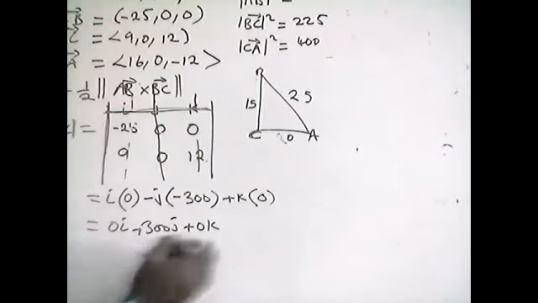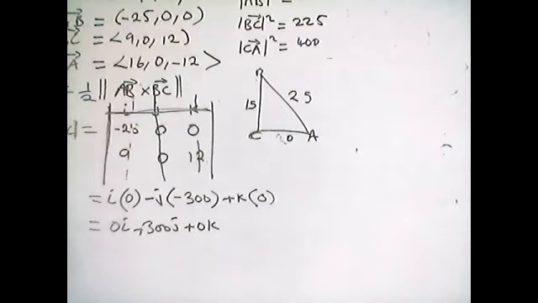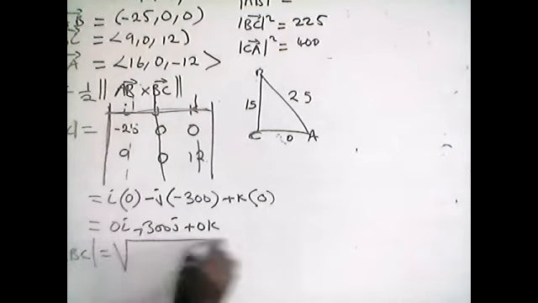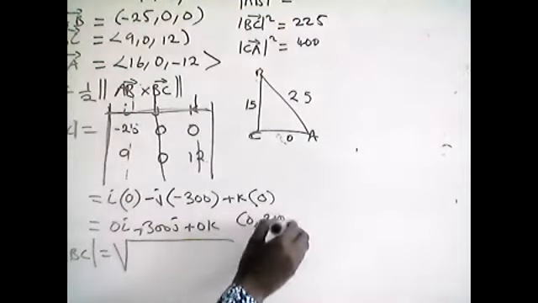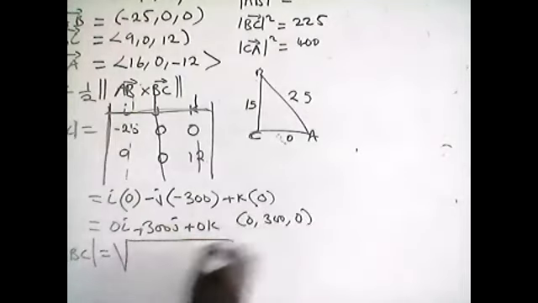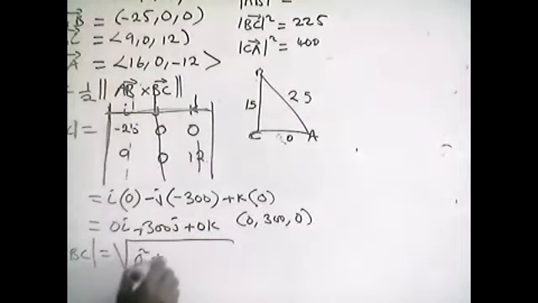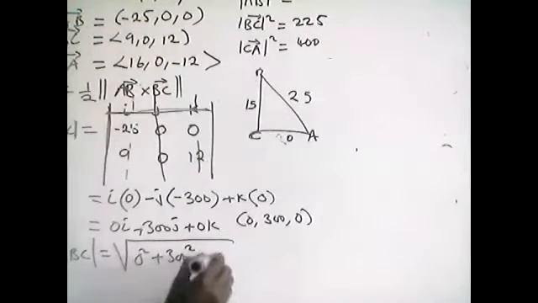So now we find the modulus. The modulus of the dot product, see here, is equal to the root. We have these components: 0, 300, 0. So 0 squared plus 300 squared plus 0 squared.